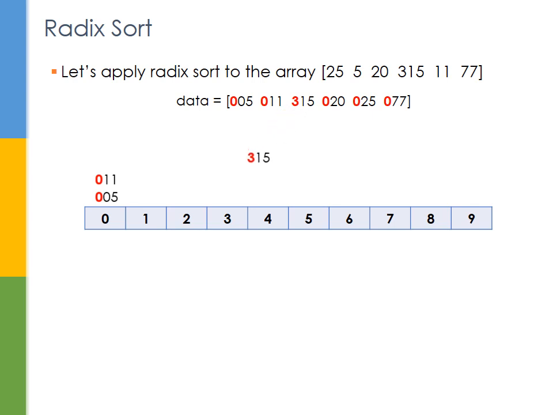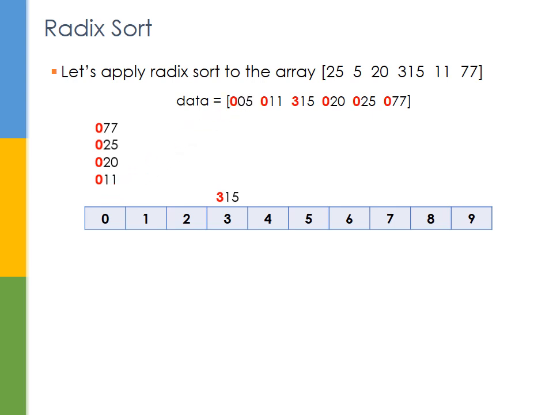315 moves to the pile for the digit 3. 20 moves to the pile for the digit 0, again based on a padding digit. 25 moves to the pile for digit 0, also based on a padding digit. And finally, 77 also moves to the pile for the digit 0, once again also based on a padding digit.